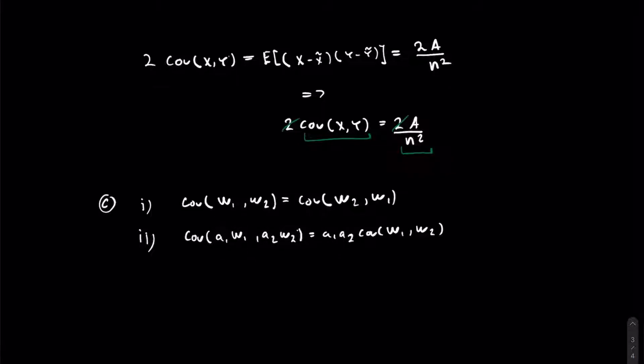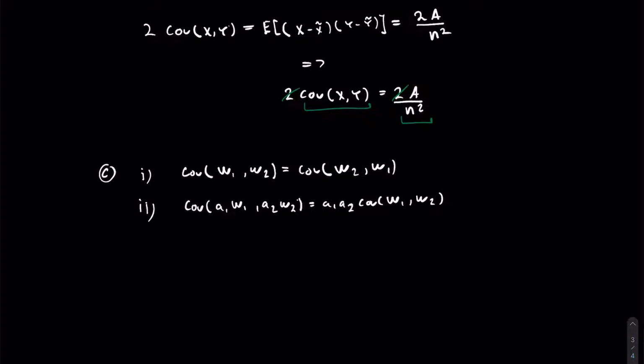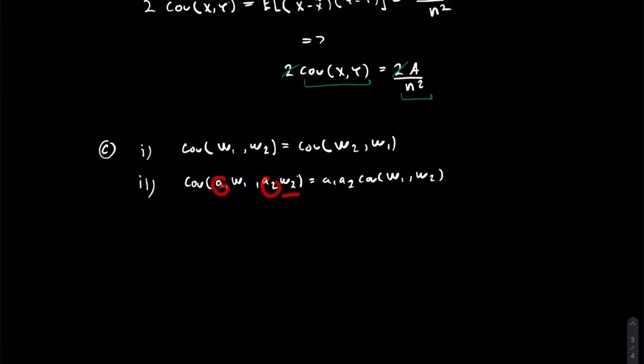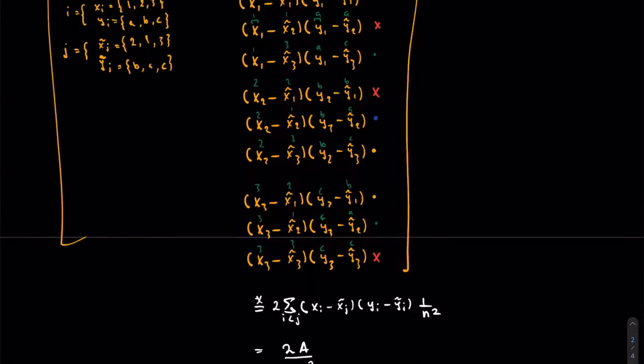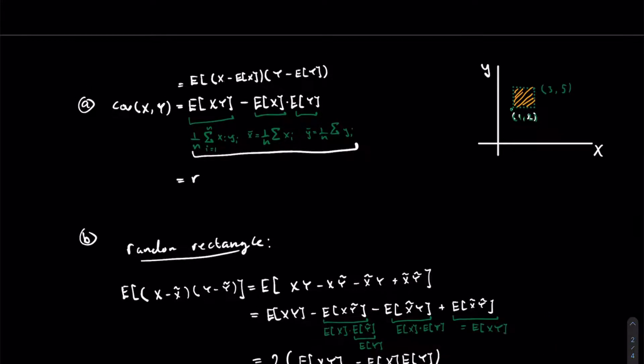Okay, so this is interesting. What does this mean? We are basically using these constants to scale W1 and W2. So if you consider, let's just copy what we drew here.